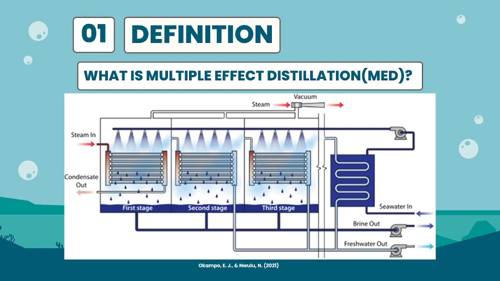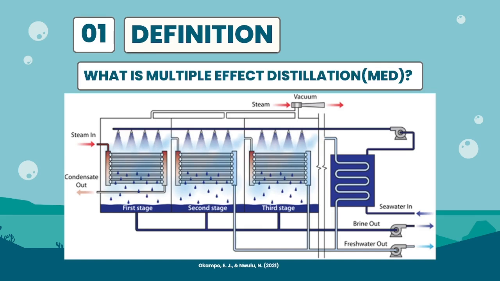In this case, as you can see in this diagram, the MED process utilizes heat by going through this evaporator tube. And the MED process is divided into three compartments, known as stages. You might think, okay, those stages all look kind of similar to one another, but they're not. The main difference between the first and the other two stages lies in the energy source. For the first stage, the main energy source would be an external source.